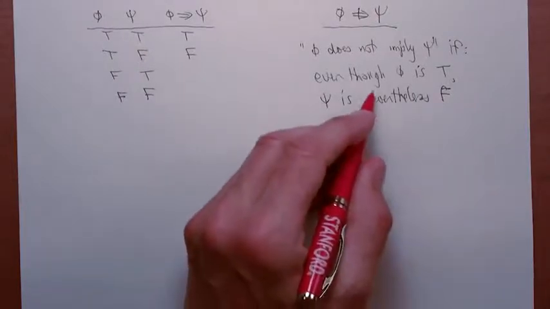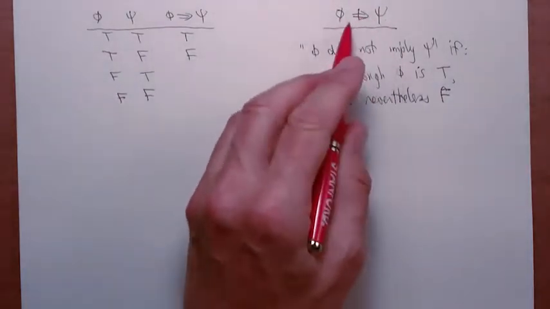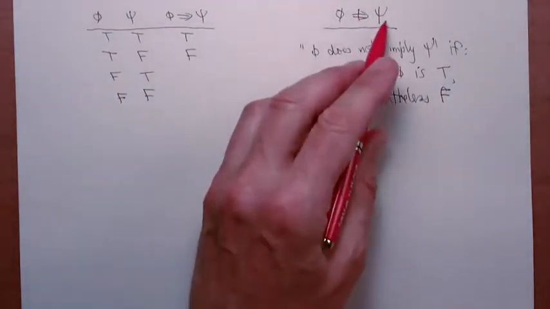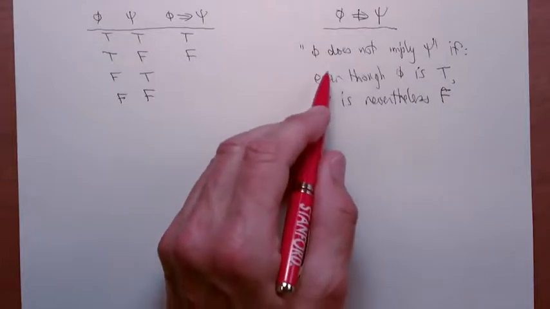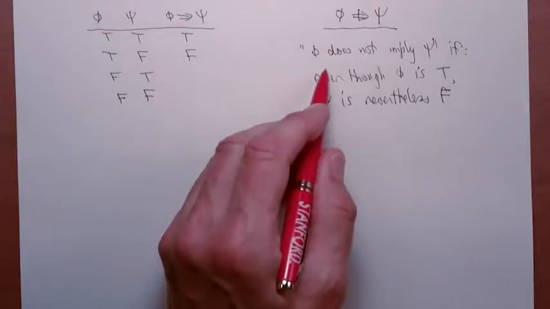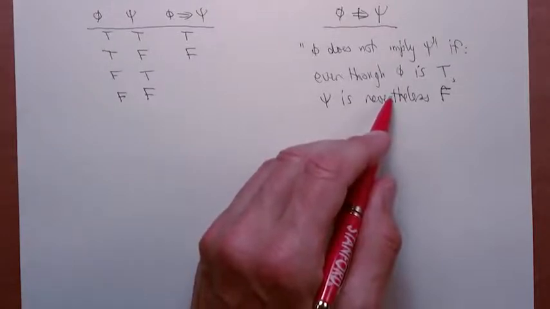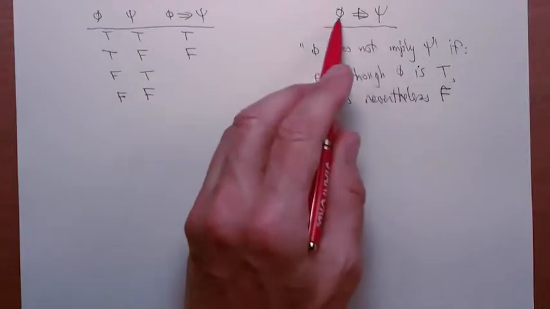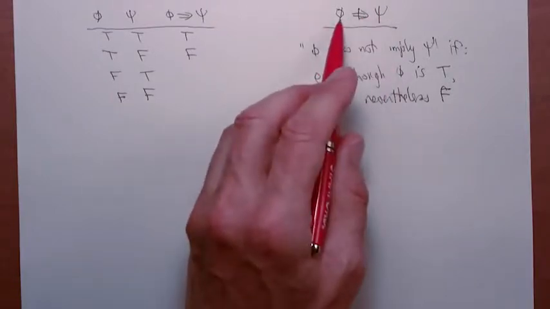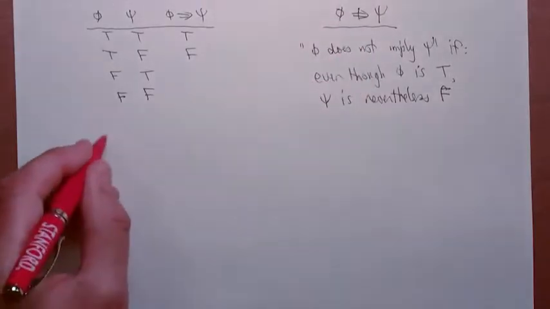That's how you know that this holds. You know that phi doesn't imply psi if you can check that phi is true, but psi is nevertheless false. That's the only circumstance under which you can conclude this thing is true. In all other circumstances, this will be false. So let me write that down.